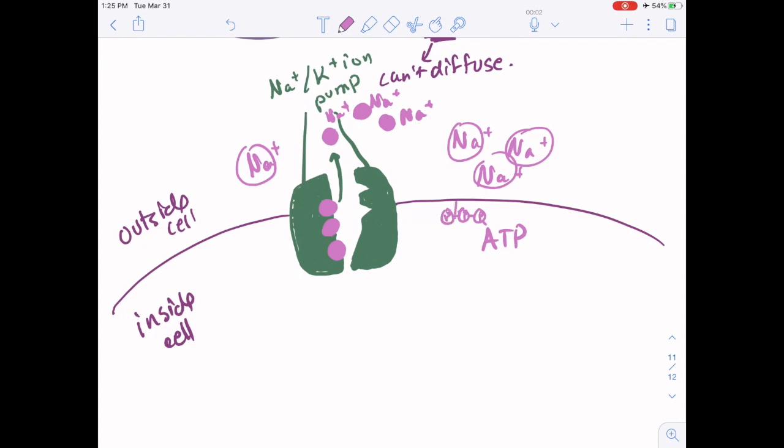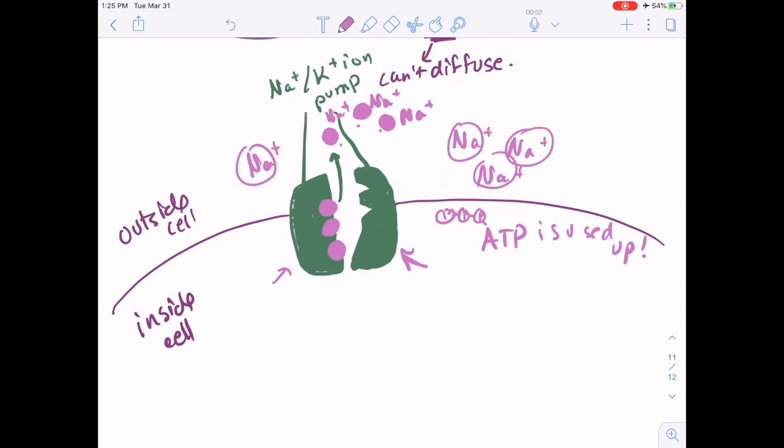And when that initial one is chopped off, bye-bye, energy is released. That energy is used to make this sodium potassium ion pump open up and spit out those 3 sodium ions out here. So ATP is used up.